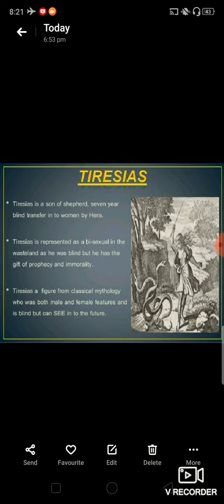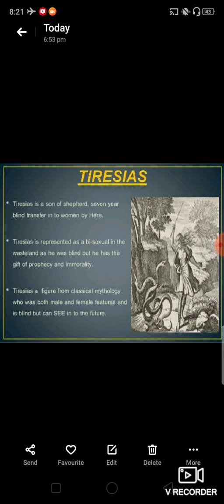When they were unable to decide, they called for Tiresias, because Tiresias was the person who had both the experiences. That's why they thought that he could tell. And ultimately Tiresias was of the view of Zeus. So Hera became furious, and ultimately she cursed him to be blind.